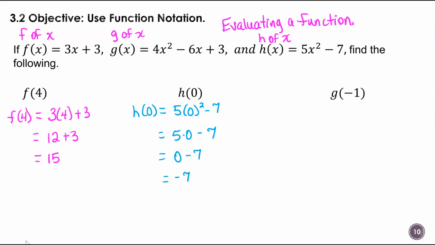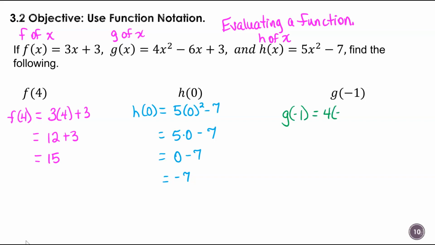Now I'm writing out several steps. If you were working something like this on a test, I would want to see those steps. So just keep that in mind. You should always be showing your steps as you're working through any of the things that we do in this class. Okay, so the g function, be careful that you're selecting the function that you need. On the g function, I'm going to substitute a -1.